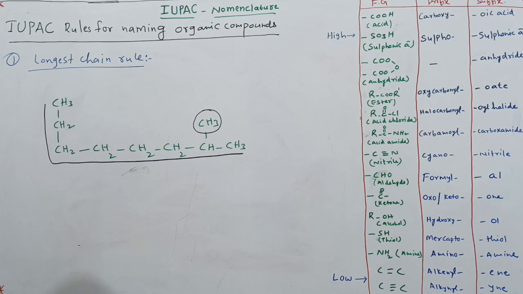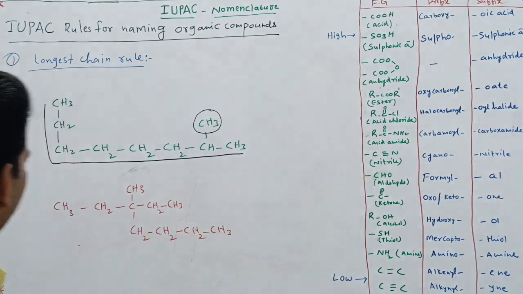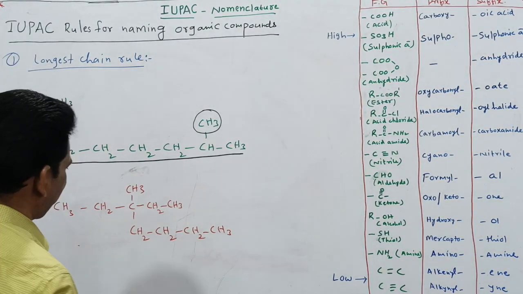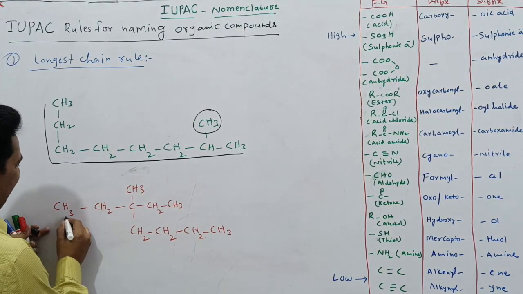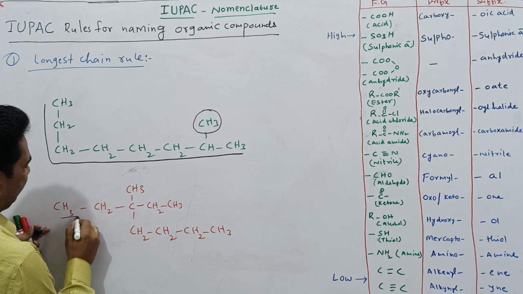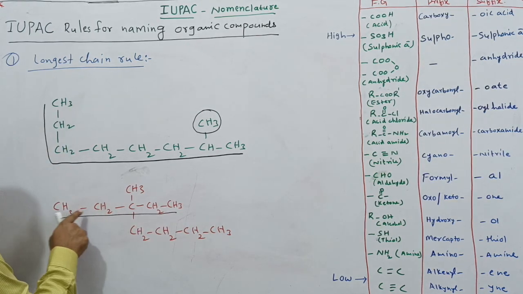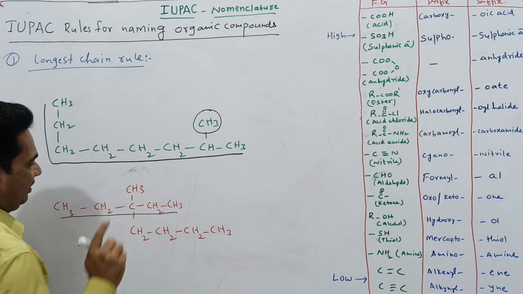Now I will give another example. This is a branching compound. It may confuse you. How are you going to select the longest chain in this case? If you select in this way, then how many carbons do we get here? 1, 2, 3, 4, 5.